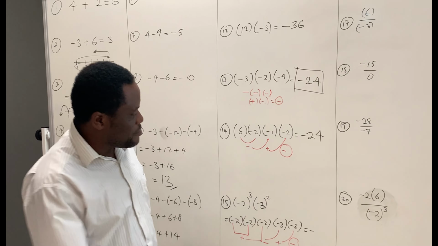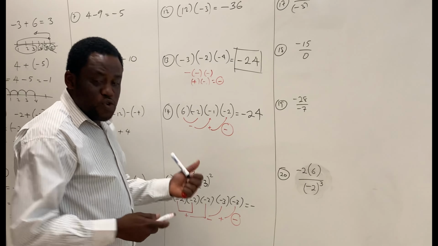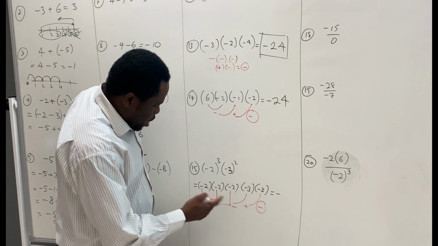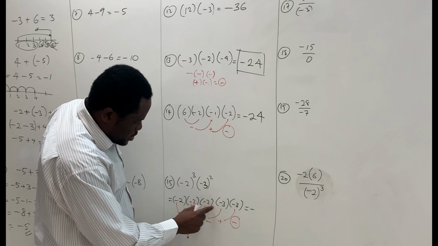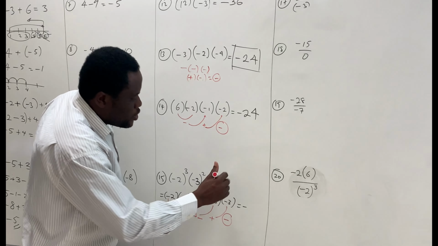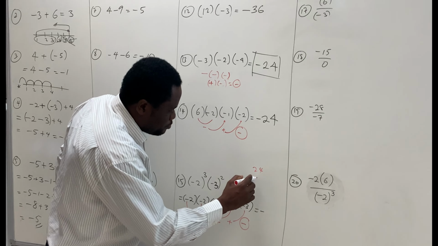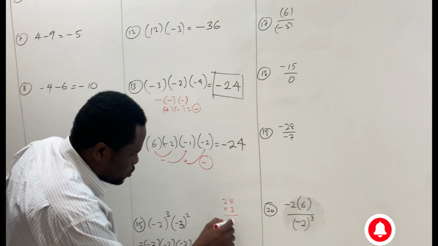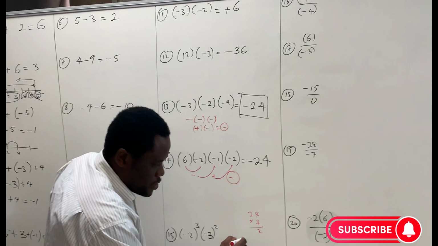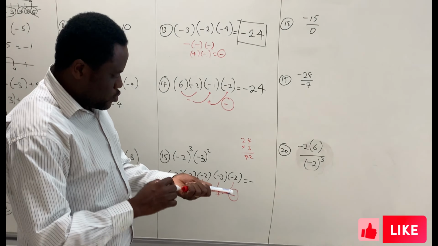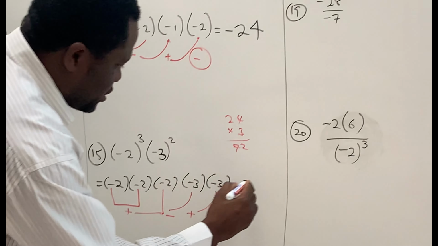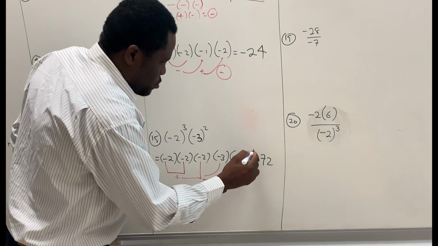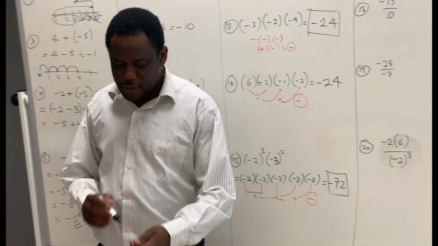Now 24 times 3. Let us work this out. Don't use a calculator. Please drop it down. So we are 8 times 3, 24. Now 24 times 3. This gives us 12, 2. This is 6, that is 72. So which means our answer is minus 72.